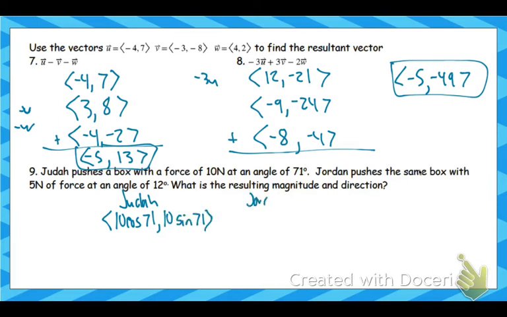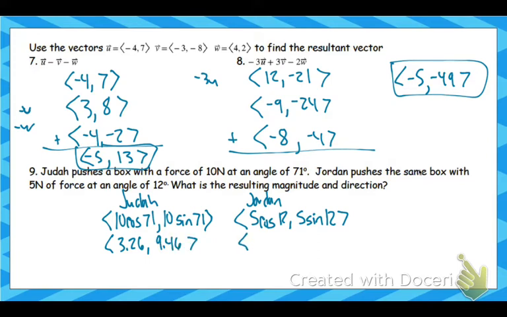All right, let's look at Jordan. Jordan has 5 newtons of force at an angle of 12 degrees. So he would be 5 cosine 12, and he would be 5 sine 12. So I'm going to go ahead and plug those into a calculator and get those decimals. So I've got 10 cosine 71 is going to be 3.26, and then 10 sine 71 is going to be 9.46.